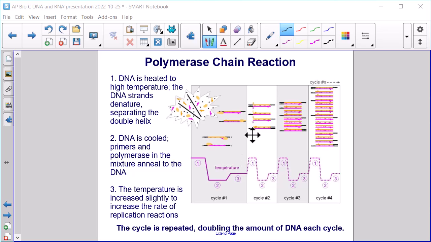So we increase slightly and we get lots and lots of replication. And we just cycle through that over and over to get what starts as a couple strands into many replicated strands. The cycle is repeated, doubling the amount of DNA each cycle.